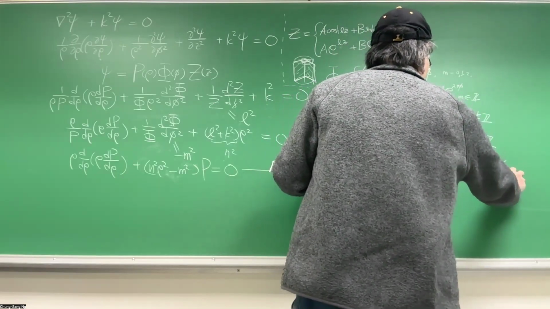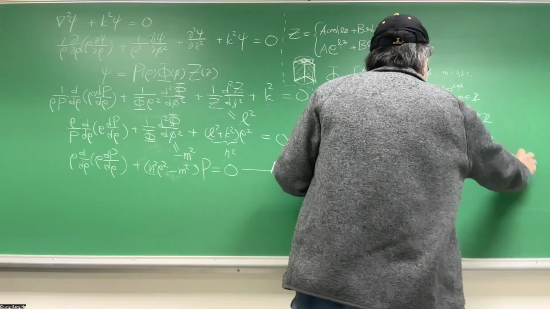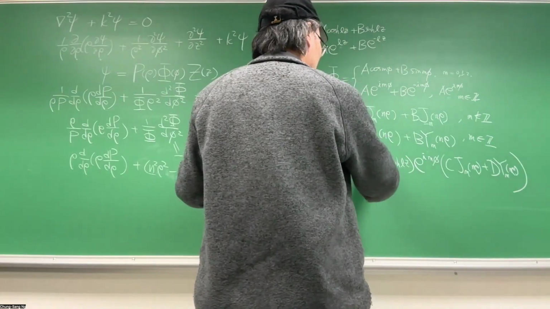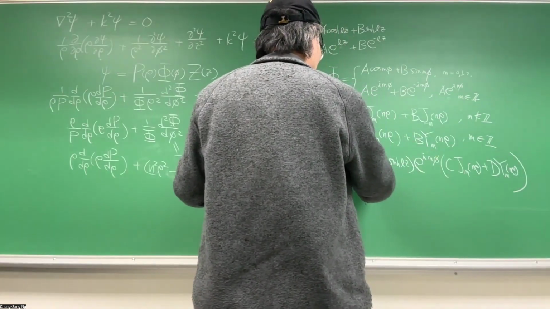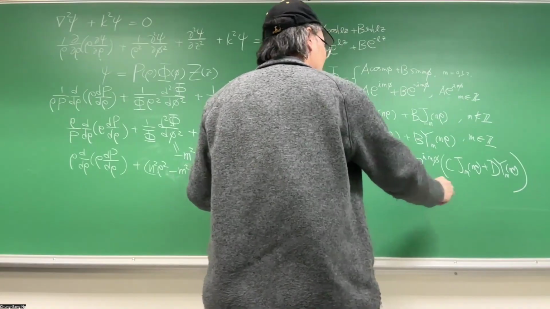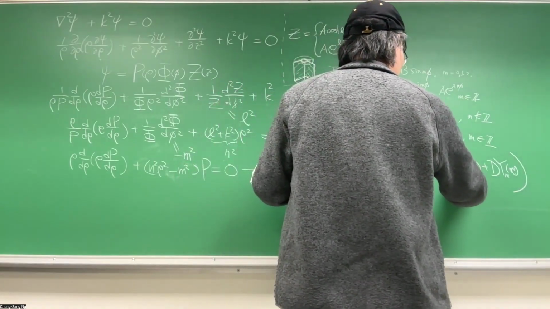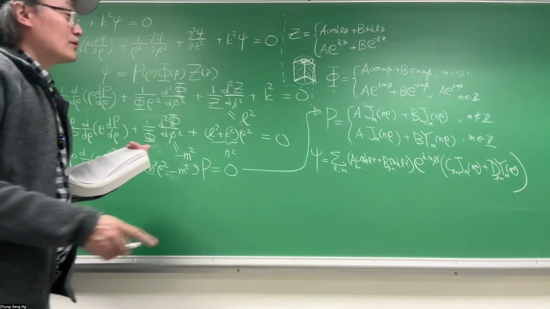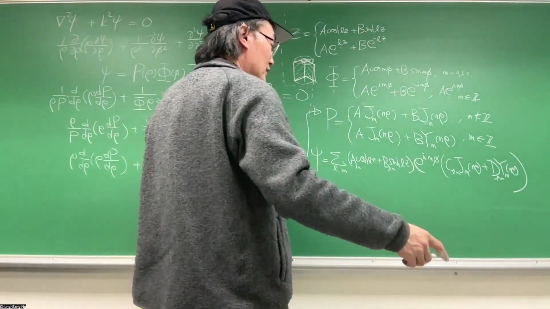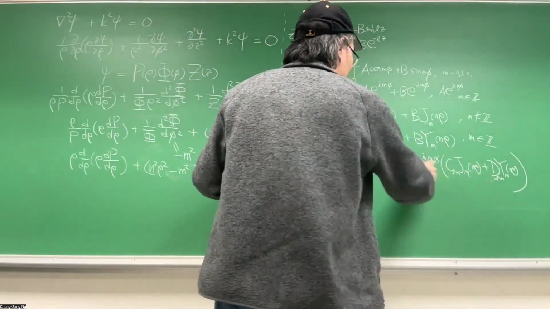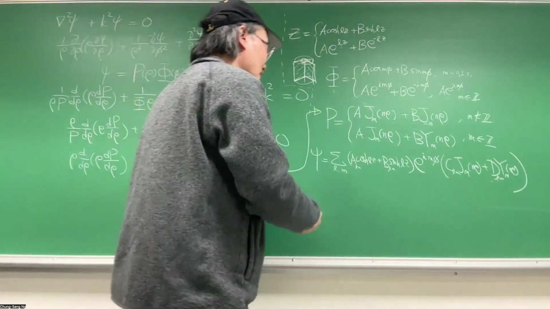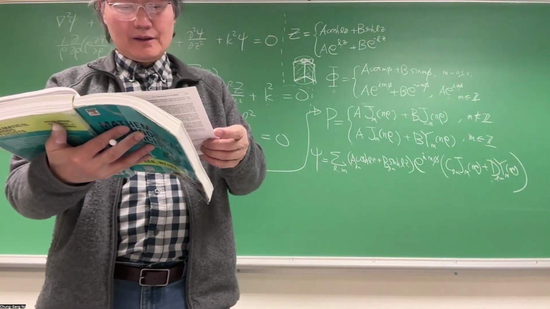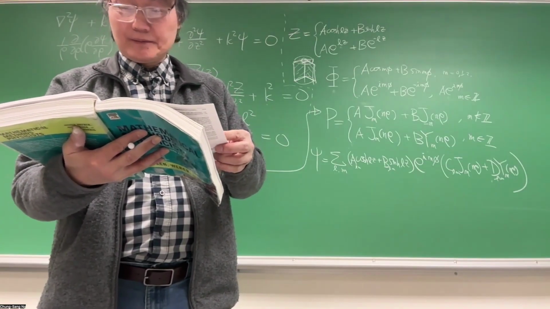The coefficients will depend on L and M. Now you use the boundary condition to figure out the coefficient. There's some redundancy, but it doesn't matter. All right, that's the general form.